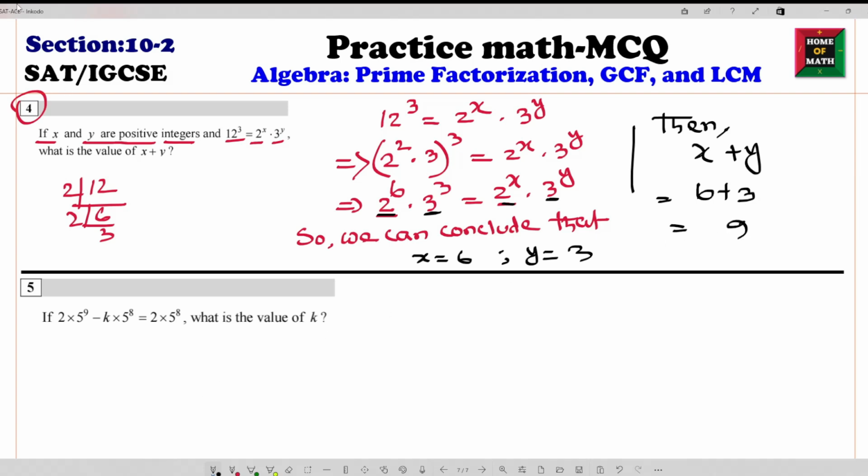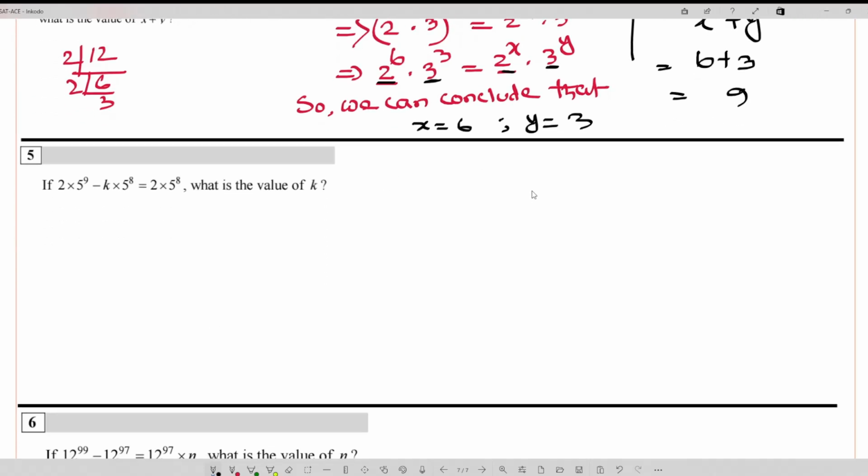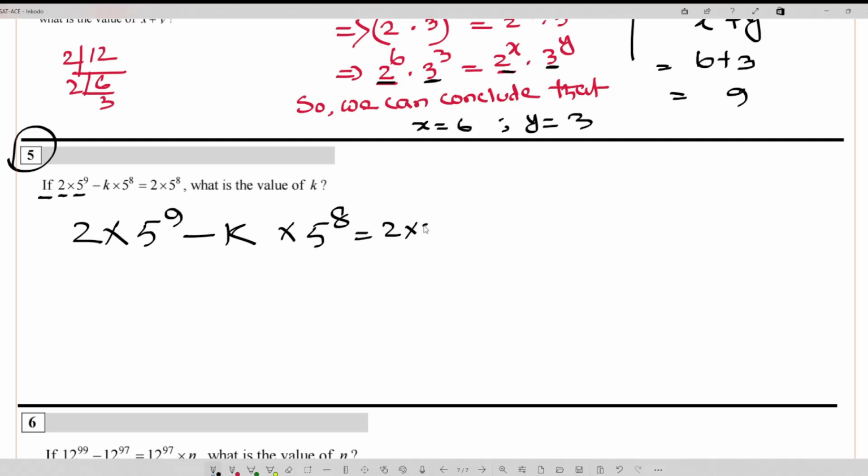Clear? Very simple. If you understand this one, we can easily find out the value of k of number 5. If 2 times 5 to the power 9 minus k times 5 to the power 8 equals 2 times 5 to the power 8, what is the value of k?